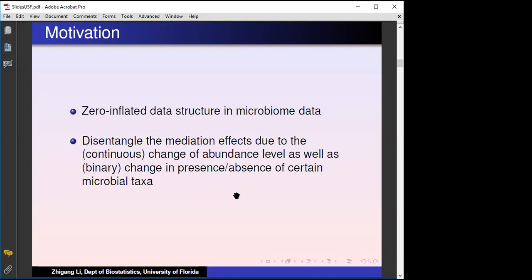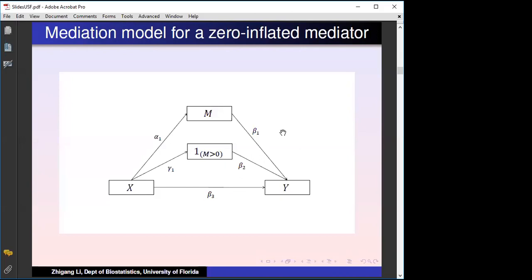For example, if the abundance of a certain taxa changes from 0 to a positive number, that means it changes on the continuous scale of the abundance level. It also changed on the binary scale, right? It changed from absence to presence. So both of those changes could have some mediation effect. So this is a figure illustration of the mediation analysis.